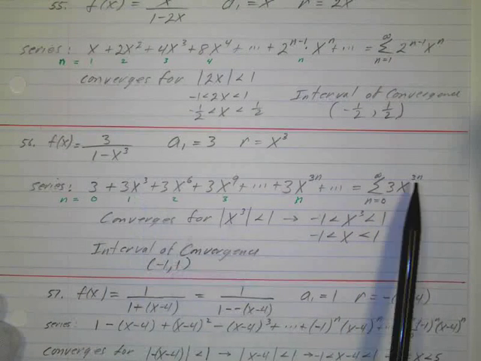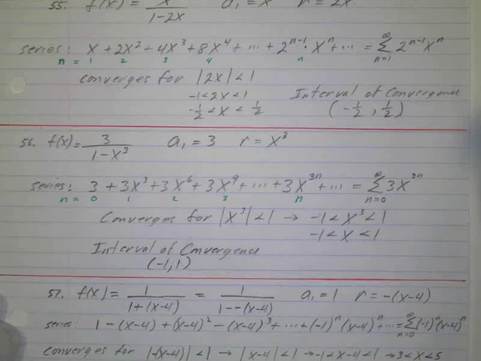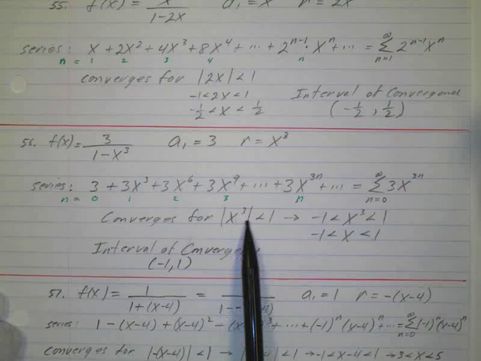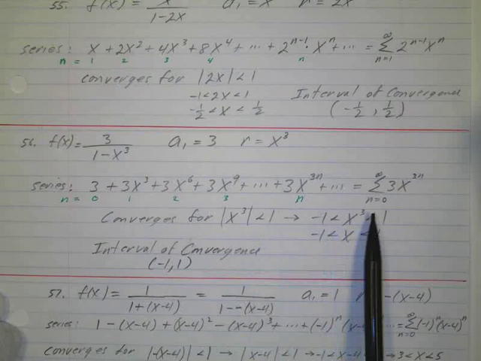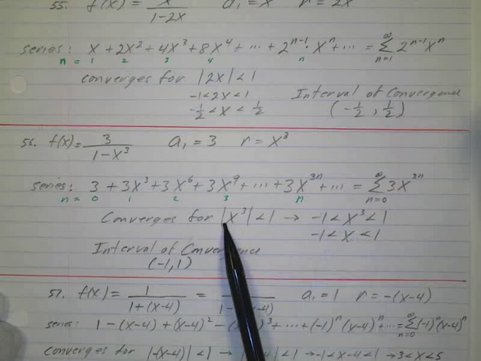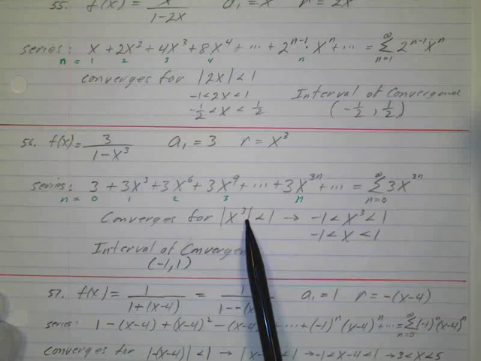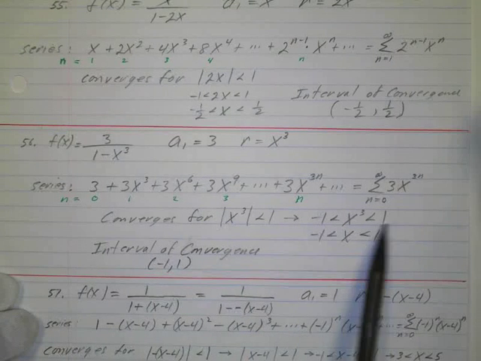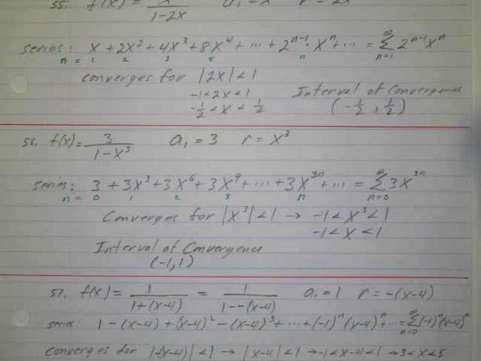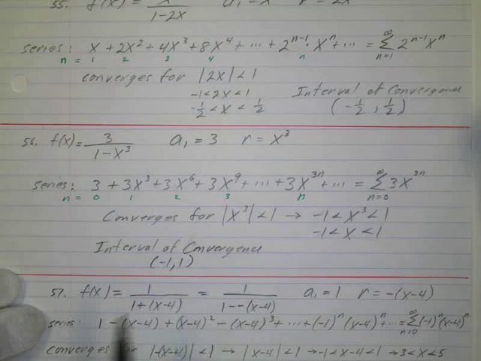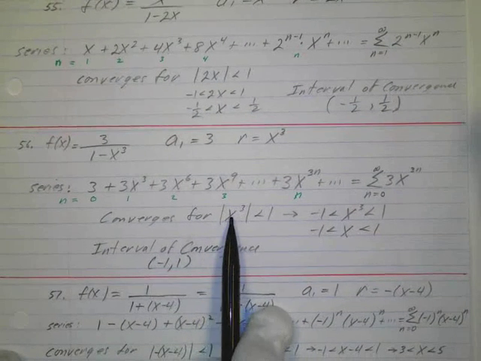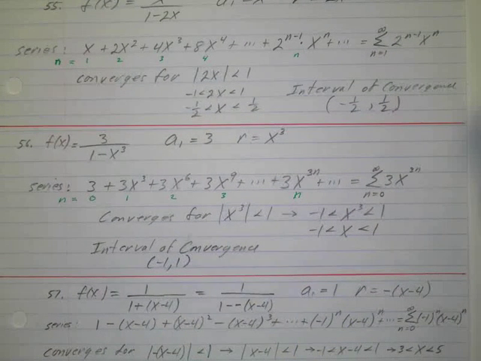There's your 3. When n is 1, we've got 3x cubed. When n is 2, we've got 3x to the sixth. So that'll generate that. And then again, this is my ratio, so it's going to converge when the absolute value of x cubed is less than 1. We can reverse the signs even if it's negative, so it still comes out between negative 1 and 1, so x will be between negative 1 and 1. That's your interval of convergence. And don't worry about the negative sign, when you take the absolute value, that'll take care of it.